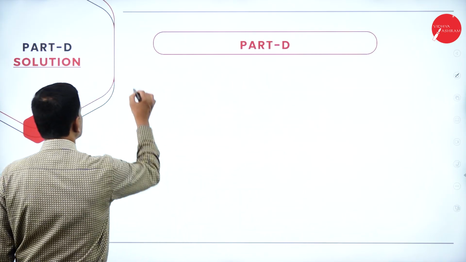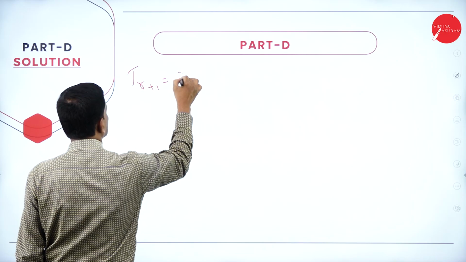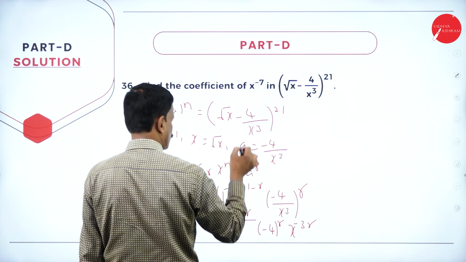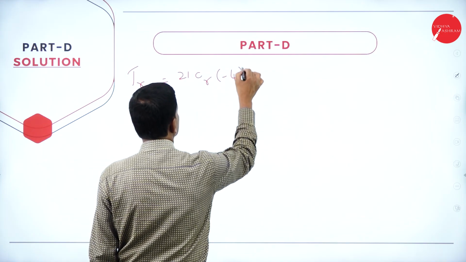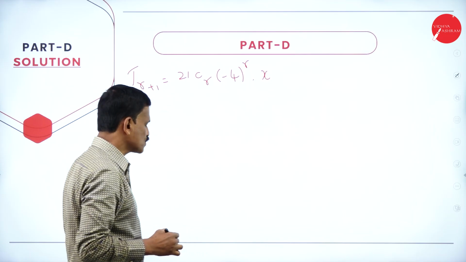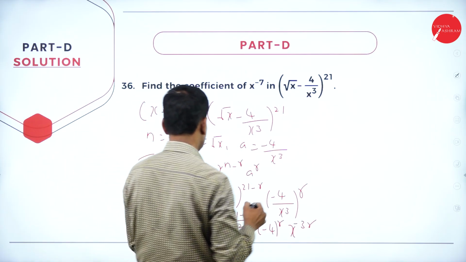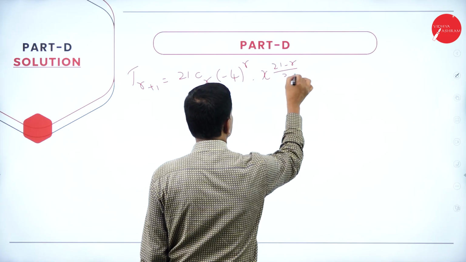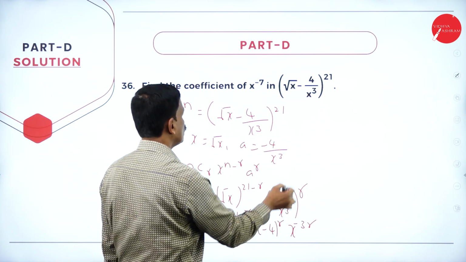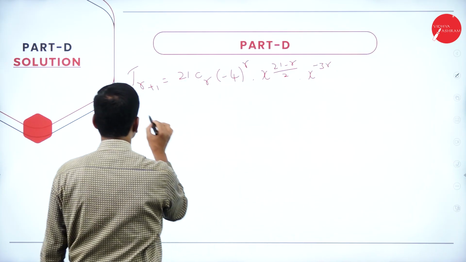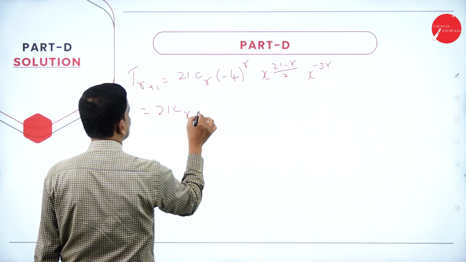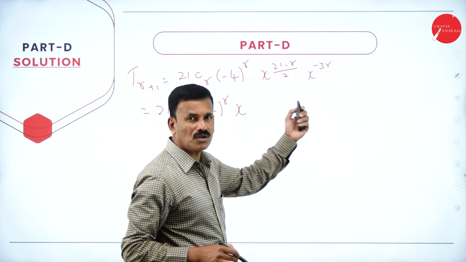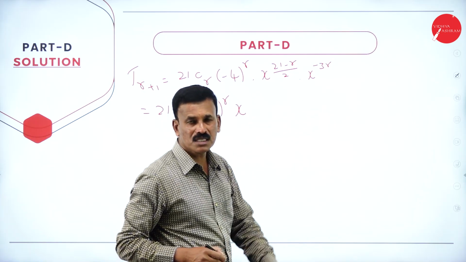So therefore, T r plus 1 can be written as 21 C r, minus 4 to the power of r, and the x terms. What is x? x to the power of 21 minus r by 2 into x to the power of minus 3r. So this is equal to 21 C r minus 4 to the power of r x to the power of, simplified according to the law of indices, x raised to m into x raised to n is x raised to m plus n.